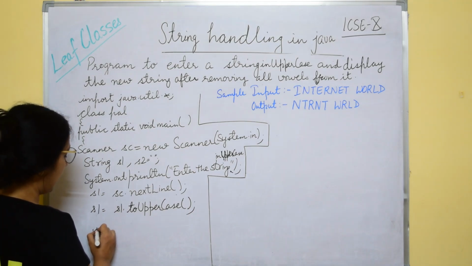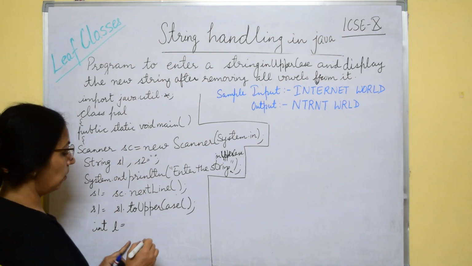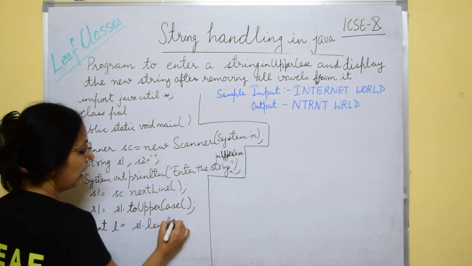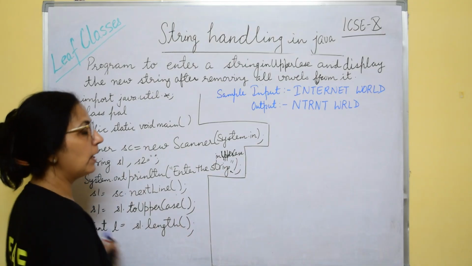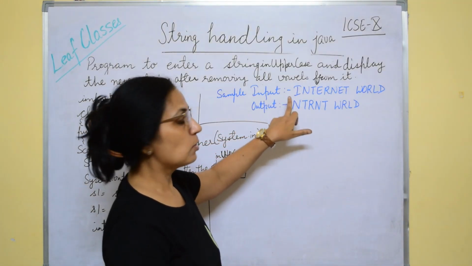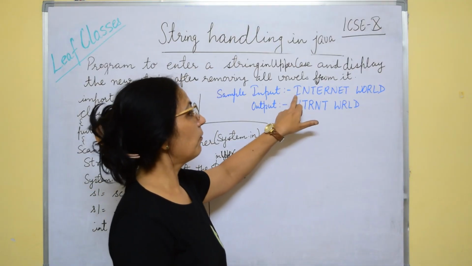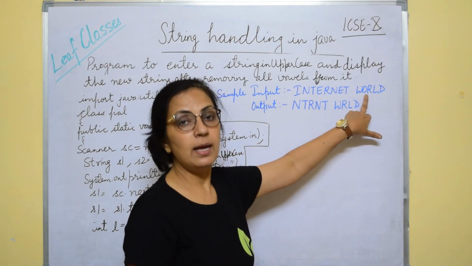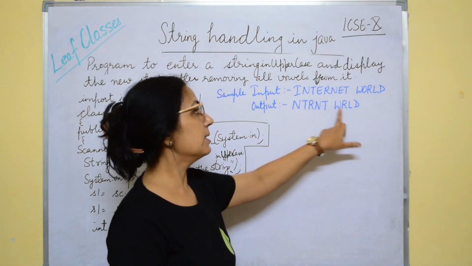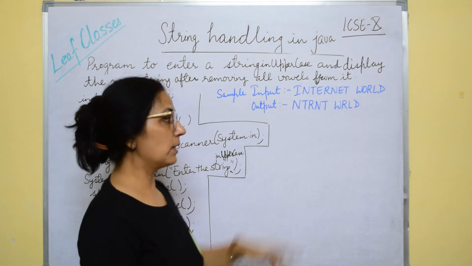And after that, obviously, as I told you, the first thing you have to do is find the length of the given string using the length function. Now here the question says you have to remove the vowels. So A, E, I, O, U, these 5 vowels are there. If this is the sample input, you will remove all the vowels and the new string will be displayed on the screen.